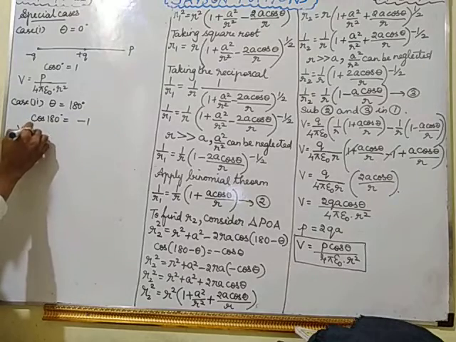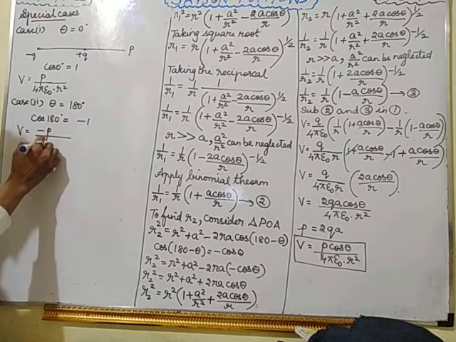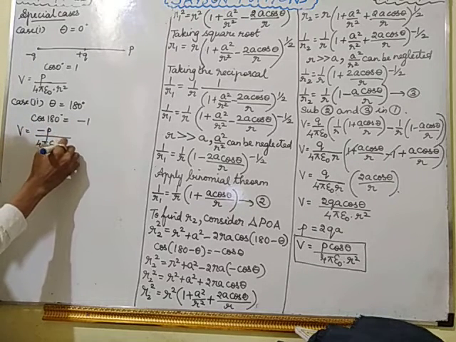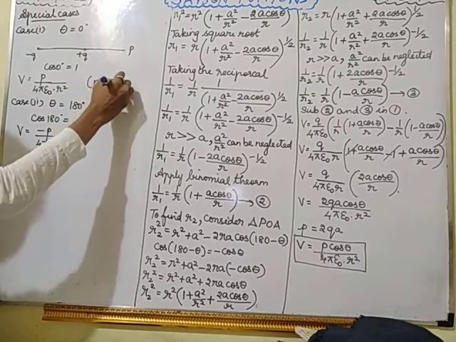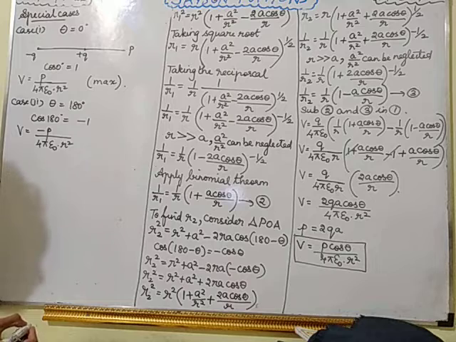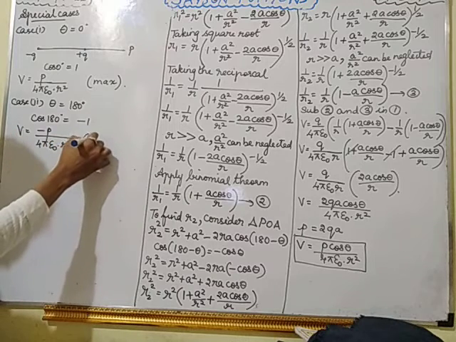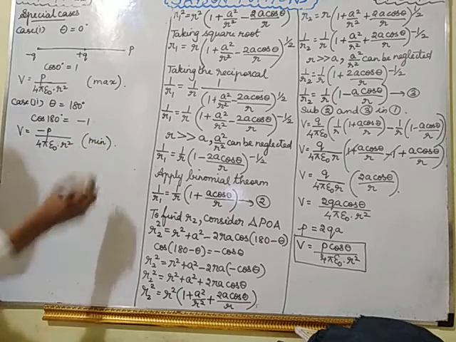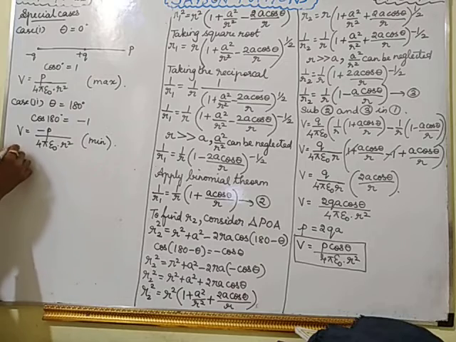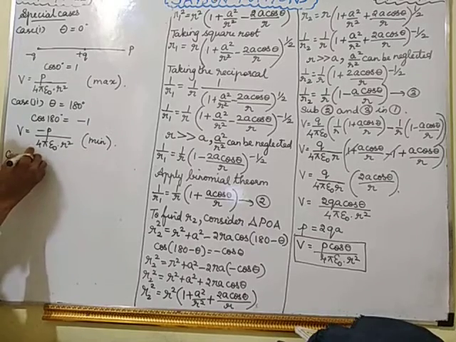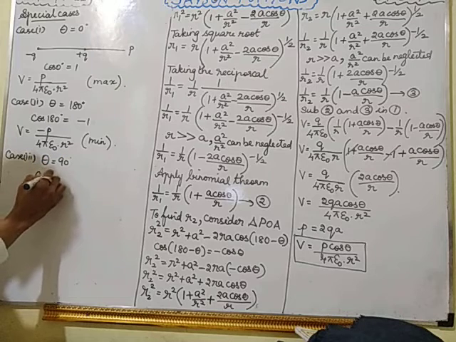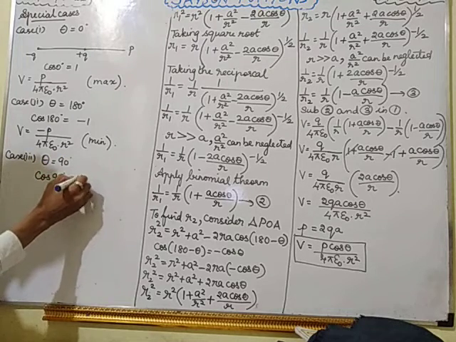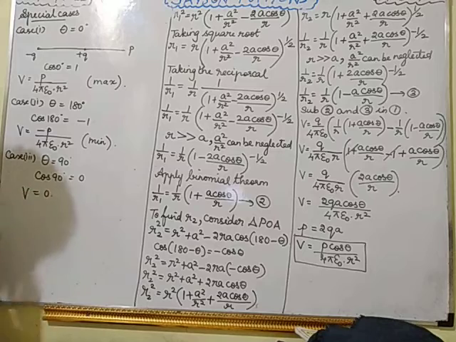So I will get V is equal to minus P by 4 pi epsilon naught into R square. So if theta is 0, the potential will be maximum, and if it is 180, the potential will be the minimum value. Suppose the theta value is 90 degree, cos 90 will be equal to 0, so the potential also will be equal to 0.